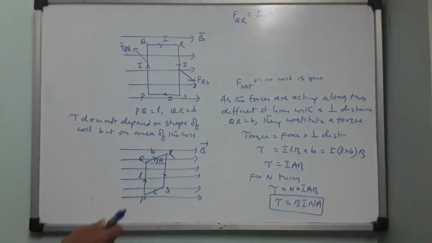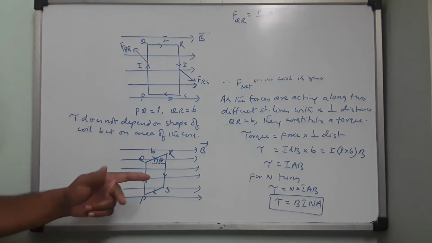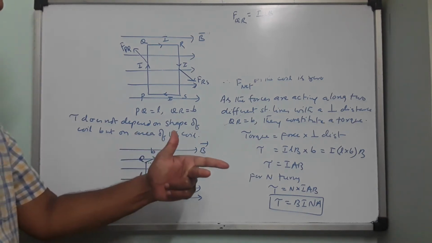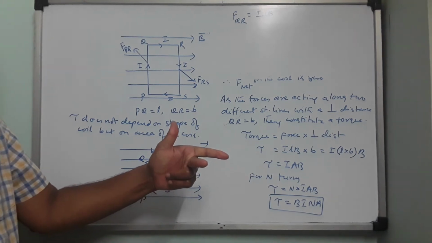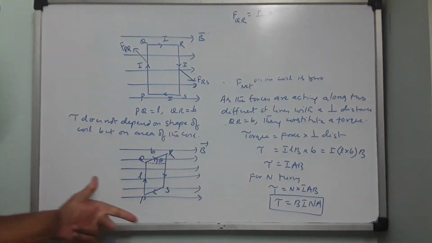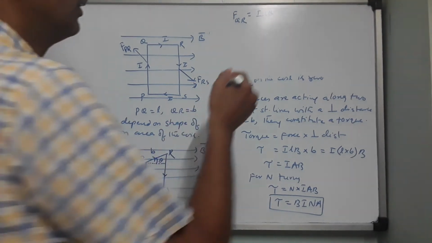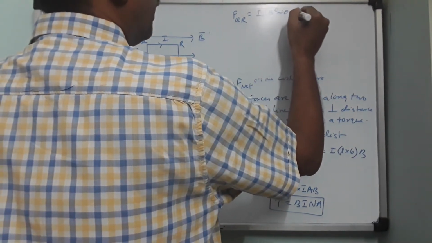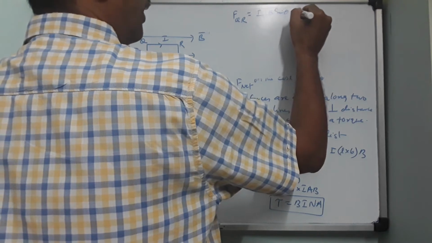Now you see the direction of force. Whether the angle is 90 degree or less than 90 degree, the thumb will always be pointing in the upward direction. So this will be ILB sin theta in the upward direction.